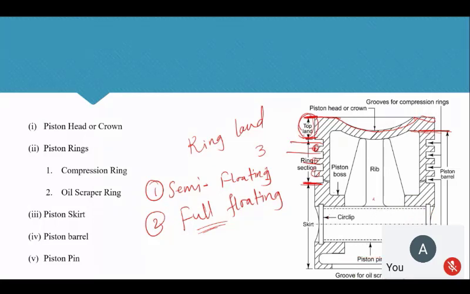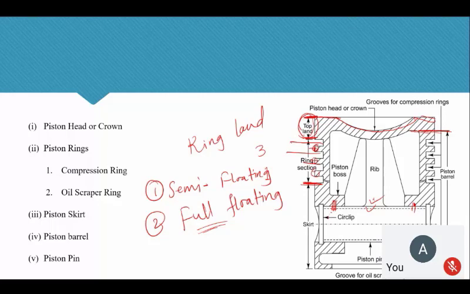Whereas in the case of semi-floating type, there are two types. In one type, you will have the movement between the piston and the pin restricted with the help of a grub screw here and here, and the movement will be provided only between the connecting rod and the piston pin. This is one type of semi-floating.